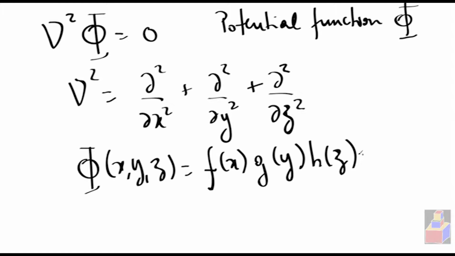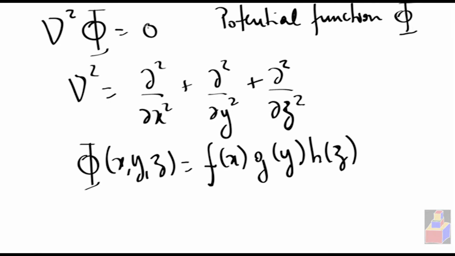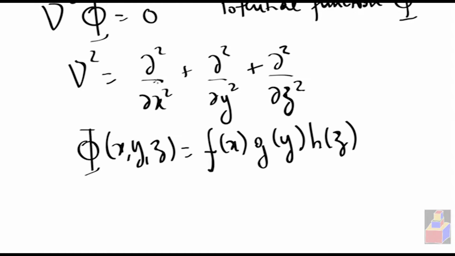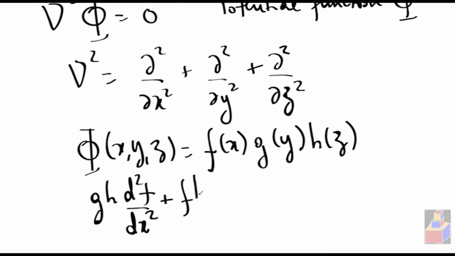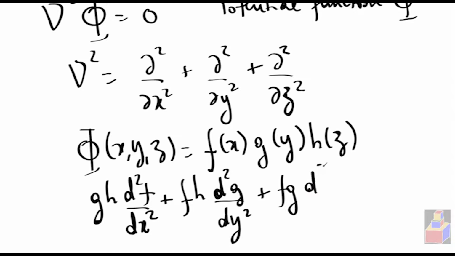When we plug this specific function into that equation, notice that the derivative in x doesn't operate on y and z and so forth. So we would have something like this: gh times the second derivative of f, plus fh times the second derivative in y of the g function, and finally fg times the second derivative of h.